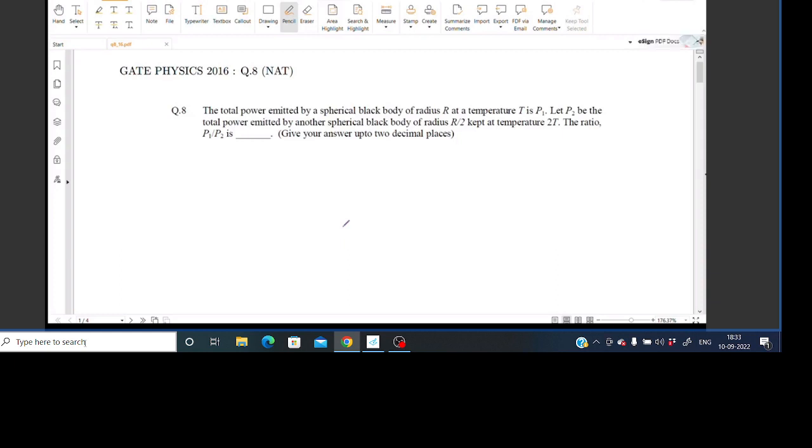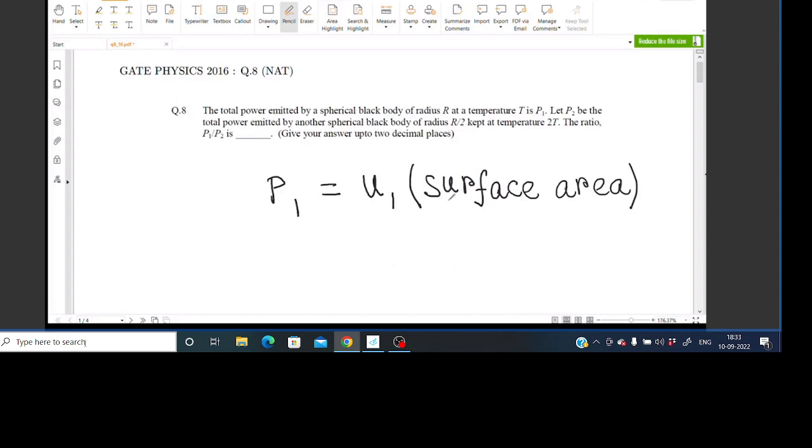Let's solve this question. In this question, the power emitted by spherical black body P1 is equal to U1 times the surface area of the sphere. Here, the surface area of the sphere is equal to 4 pi r square. So P1 equal to U1 into 4 pi r square.